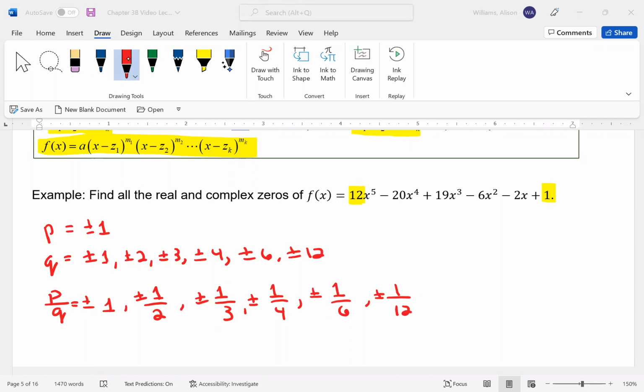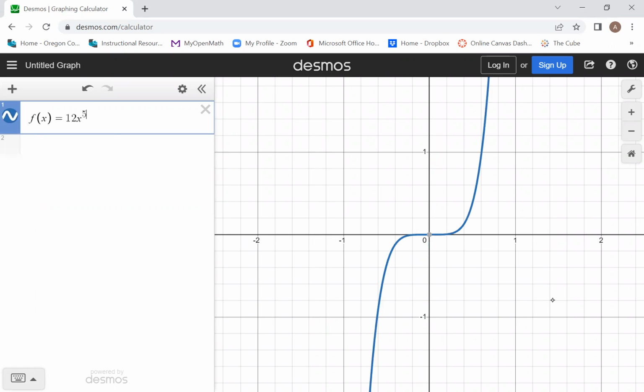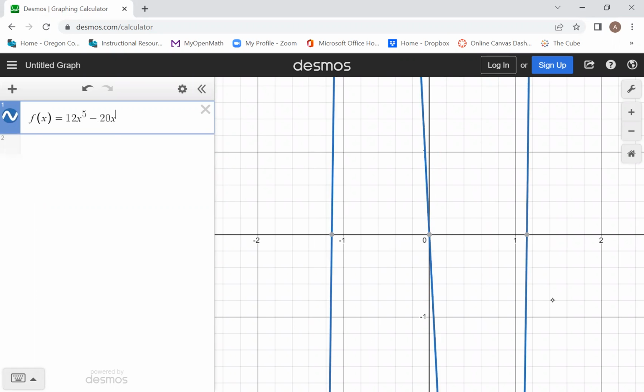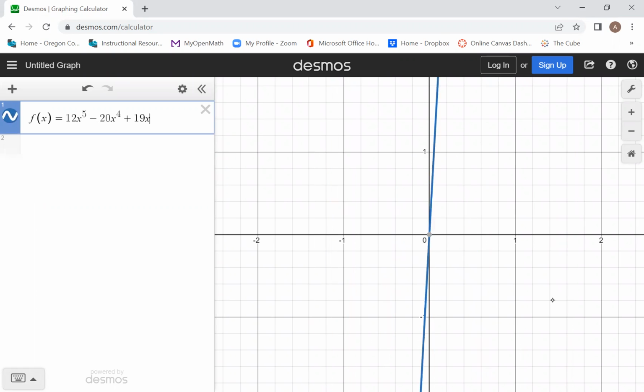Go ahead and share that screen and attach my keyboard. And let's enter that. So it was f of x equals 12x to the 5th minus 20x to the 4th plus 19x cubed minus 6x squared.